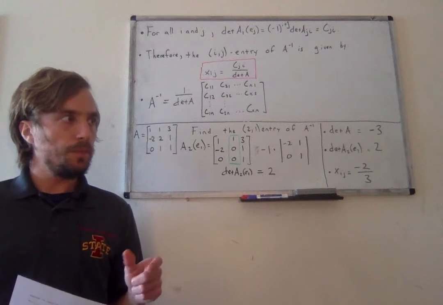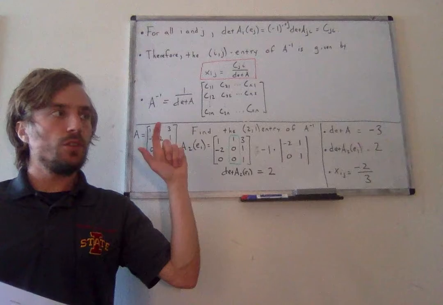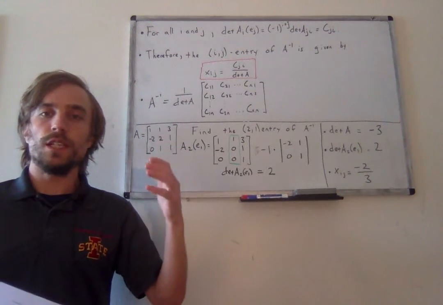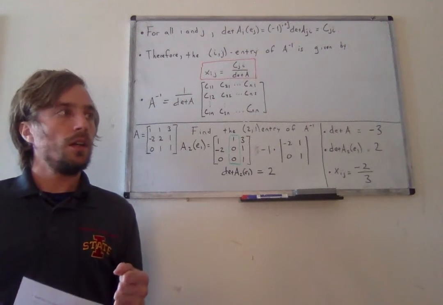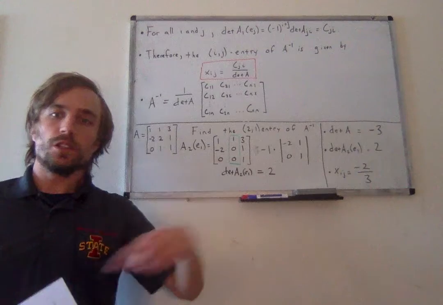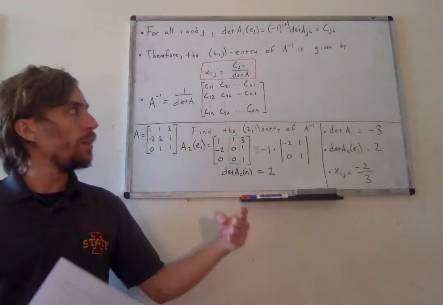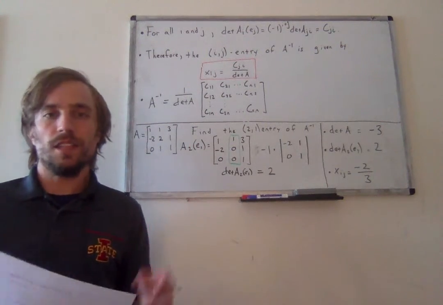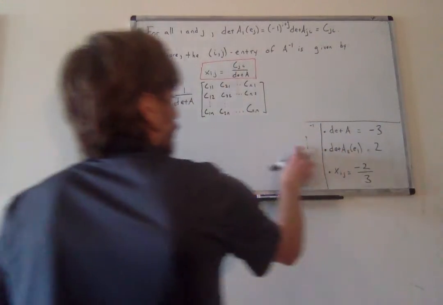But also, what this does nicely is give you a way of estimating how small perturbations in your original matrix A will affect your inverse matrix, because you have this nice closed formula, so you don't have to do a ton of row reduction steps each time. But of course, if you're just calculating a single inverse, this is definitely not the optimal way to do it. But it has its uses again.